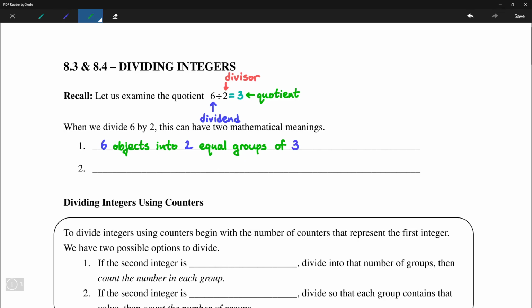The other meaning is we have 6 objects divided into groups of 2, and then that will give 3 equal groups.